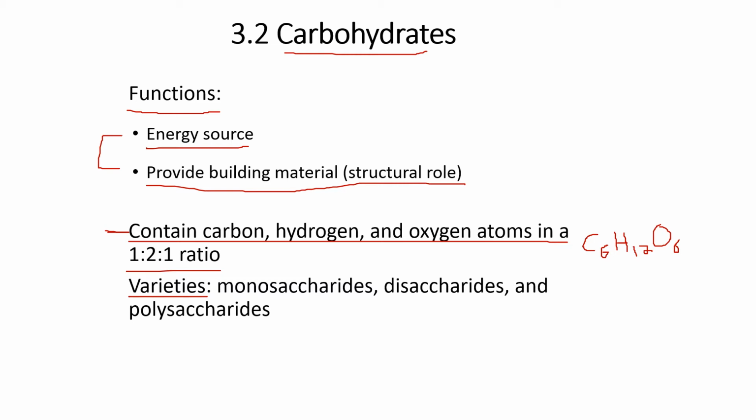The three types of carbs, you have monosaccharides, disaccharides, and polysaccharides. Mono means 1, di means 2, and poly means many. This word saccharide means sugar, like table sugar.